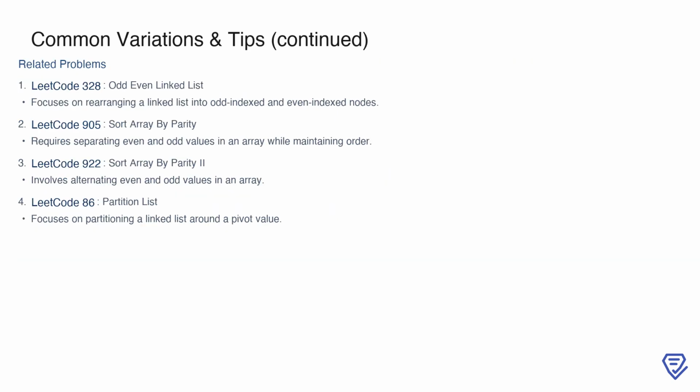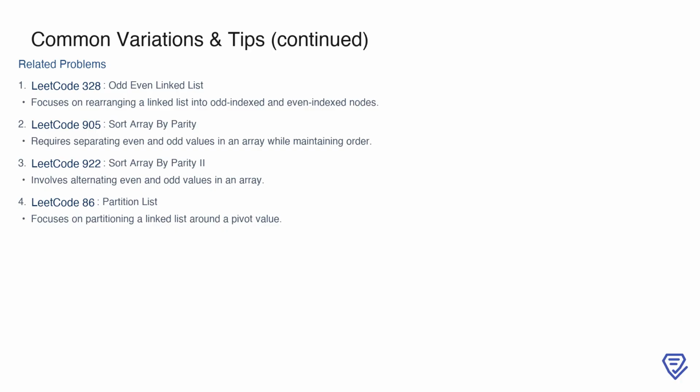The concepts in odd-even linked list are closely related to several other problems you might encounter. LeetCode problem 328, odd-even linked list, specifically focuses on rearranging a linked list based on odd and even indices. Similarly, LeetCode 905, sort array by parity, deals with separating even and odd values in an array while maintaining their order.